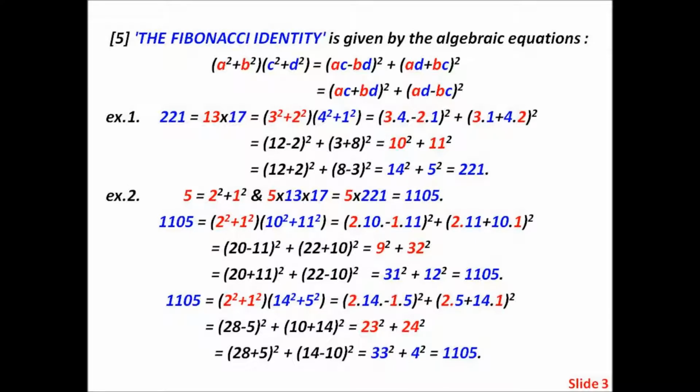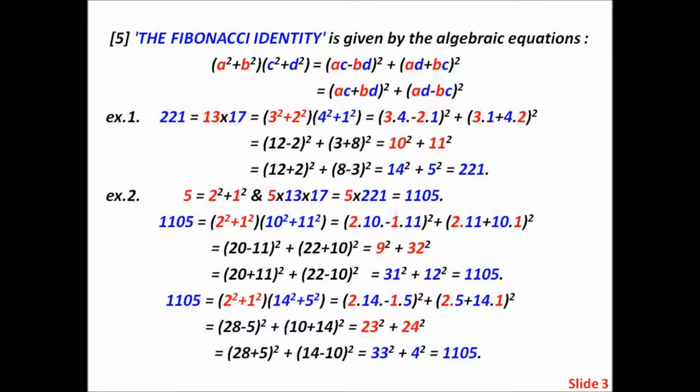5. The Fibonacci identity is given by the algebraic equations a squared plus b squared times c squared plus d squared is equal to ac minus bd all squared plus ad plus bc all squared is equal to ac plus bd all squared plus ad minus bc all squared, and which show how the two sums of two squares results from the product of two 4n plus 1 primes, which are both the sum of two squares.